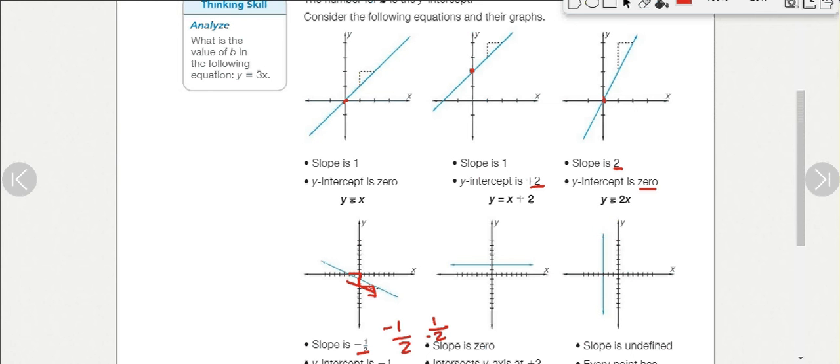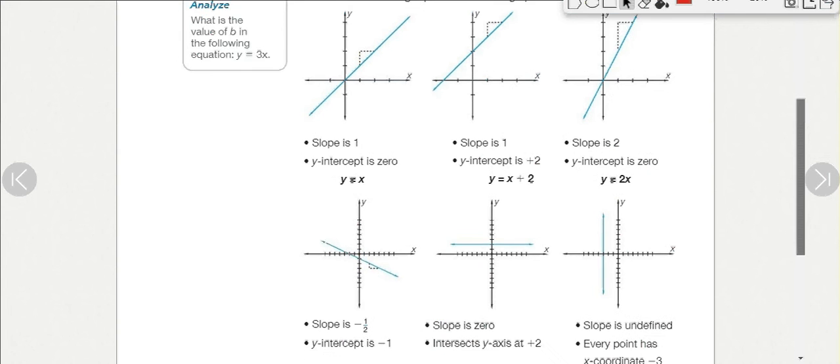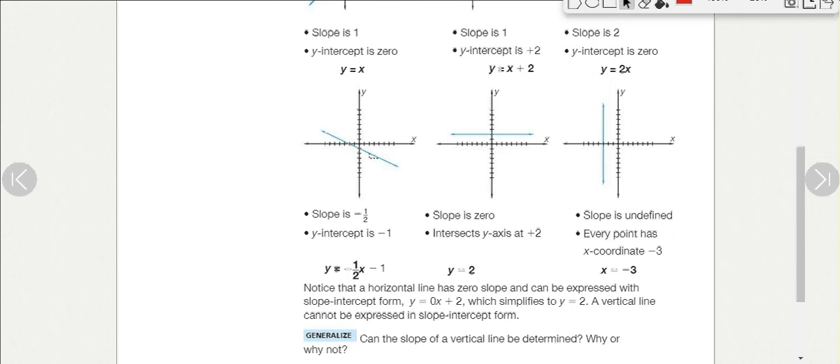Zero slope, or undefined slope, right? And in those straight line cases, when it's a y equals, that means it's horizontal because we only know the y value, and the x could be anything.